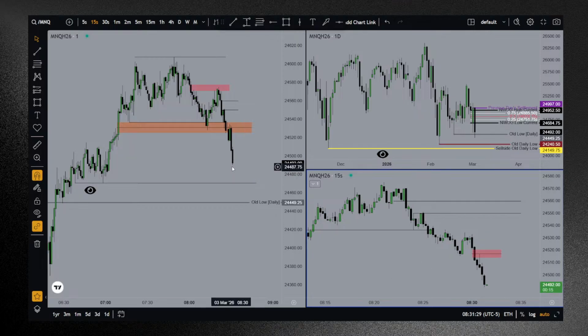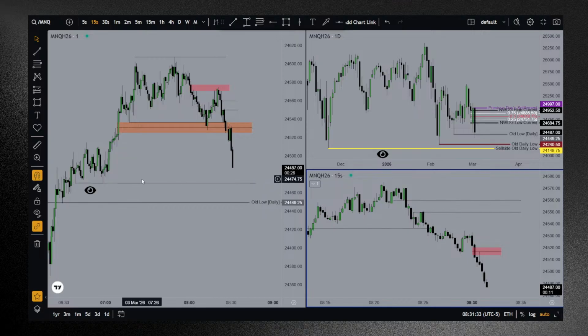So preferably it should just tap into the sell side liquidity, and yeah, I would consider that a very nice price delivery, very solid.